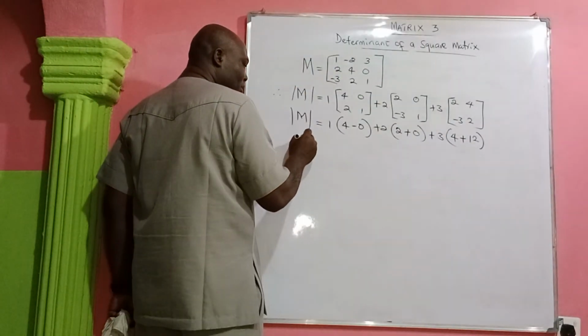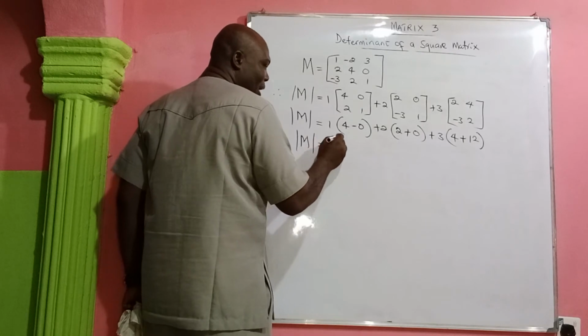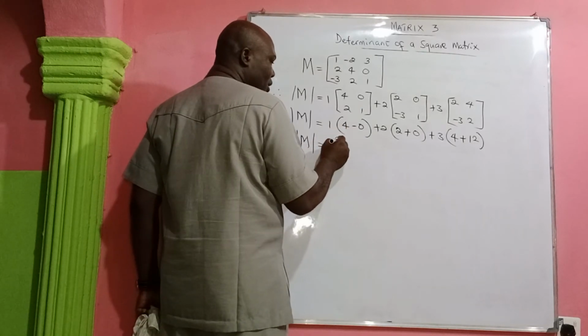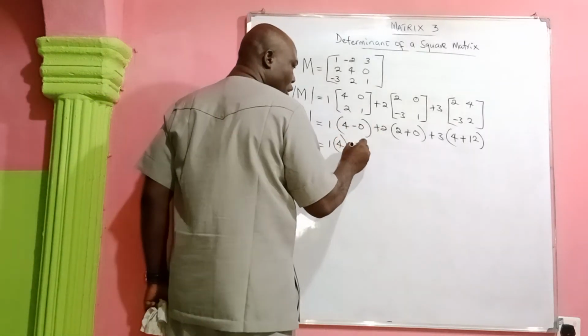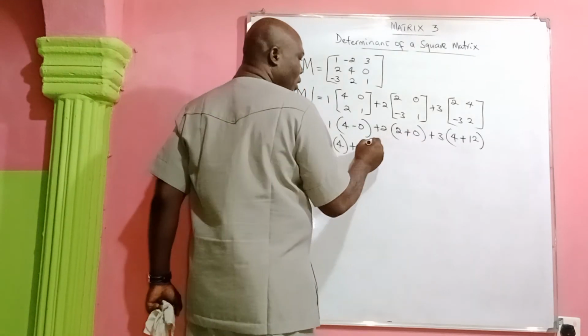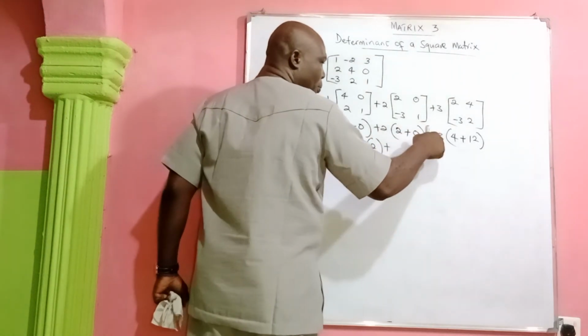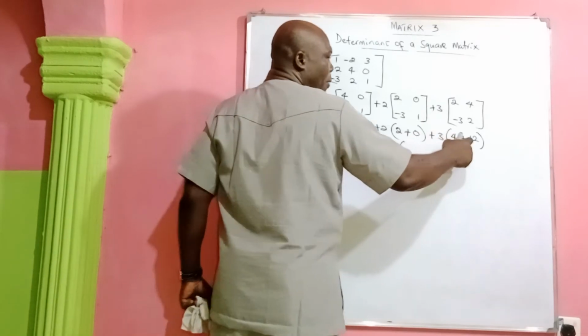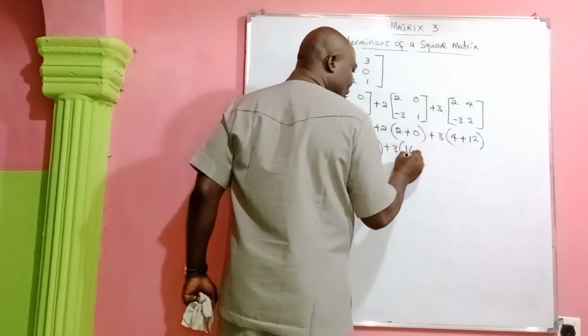Now the determinant of M will be equal to 1 into 4 minus 0 is 4, plus 2 into 2 plus 0 is 2, and then plus 3 into 4 plus 12, that gives us 16.